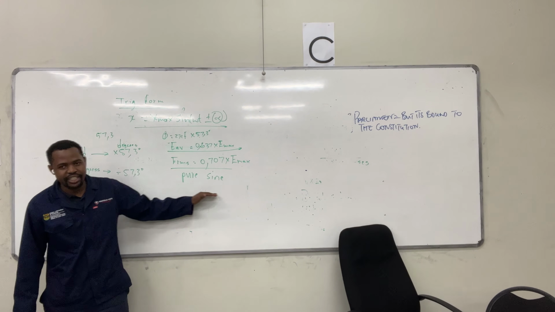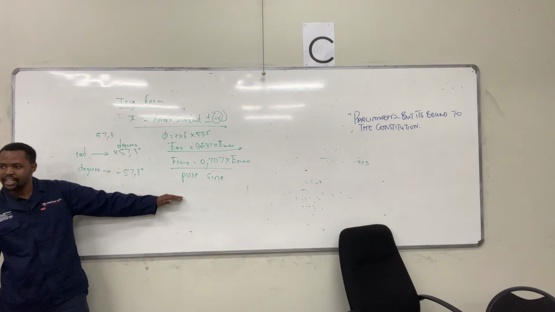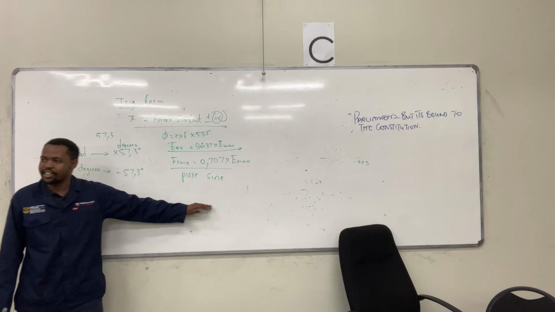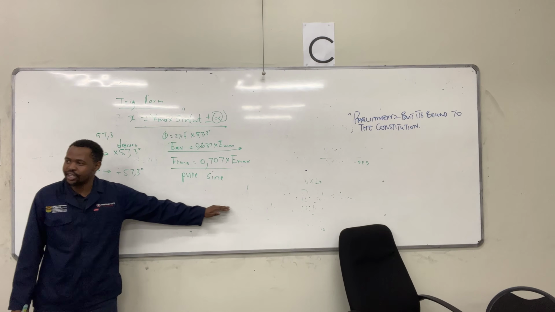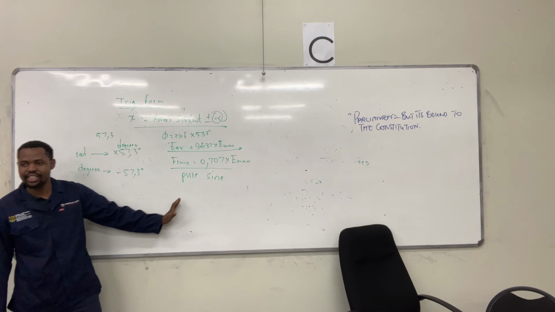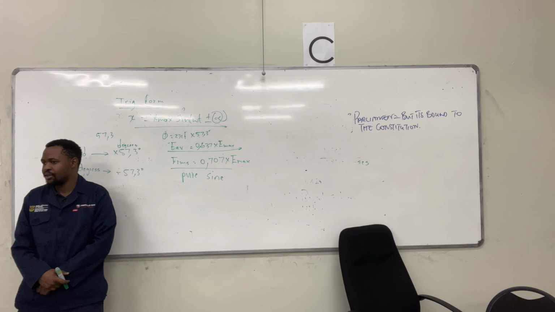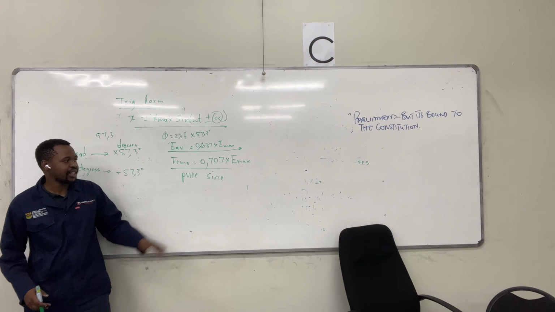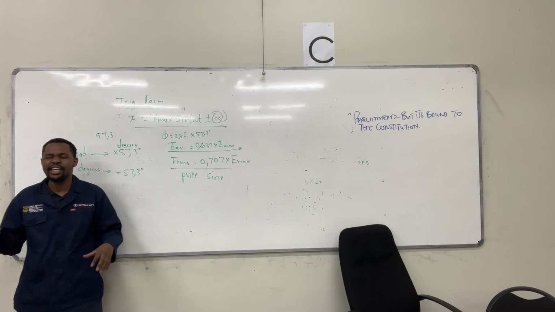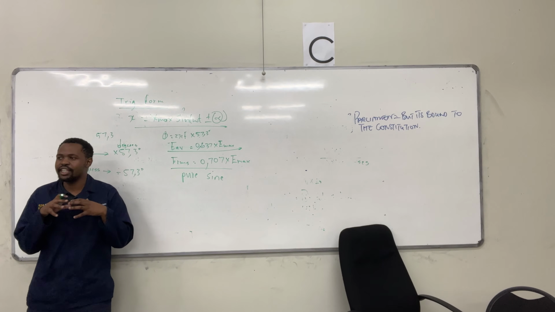Theoretically speaking, we are saying the output of a theoretical generator is giving what? A pure sine wave. Even though practically that is not the case because there are many effects in the real world.